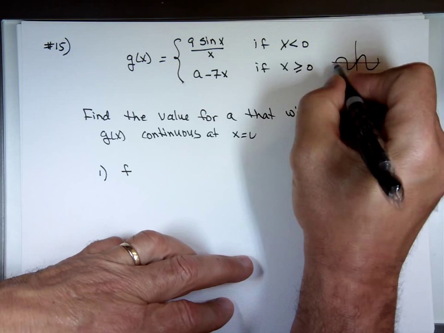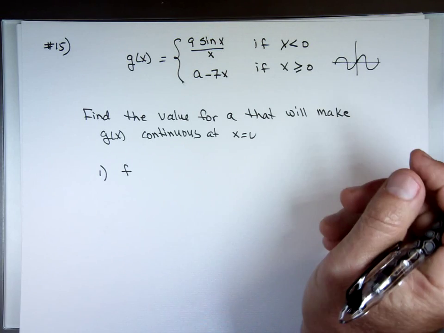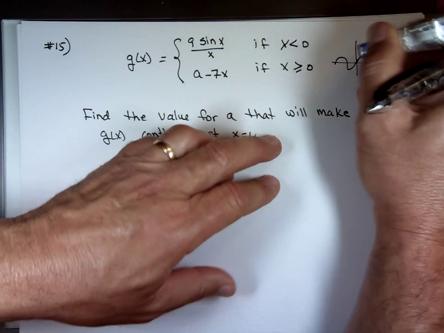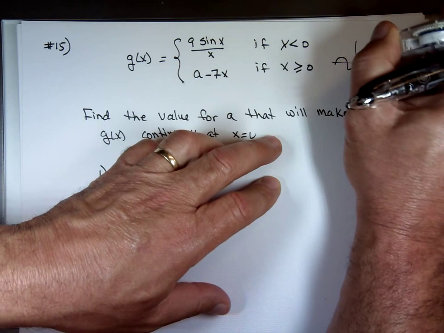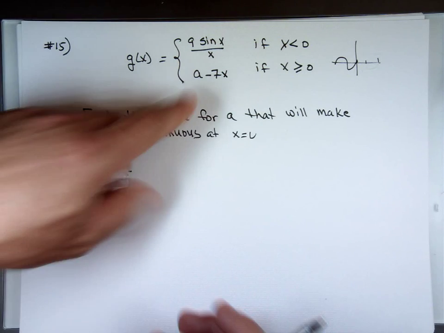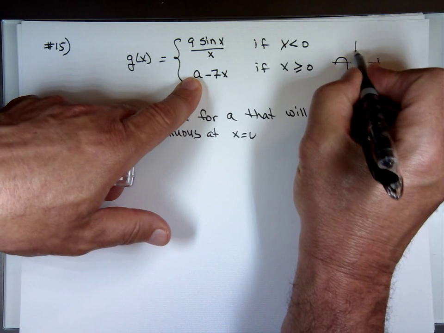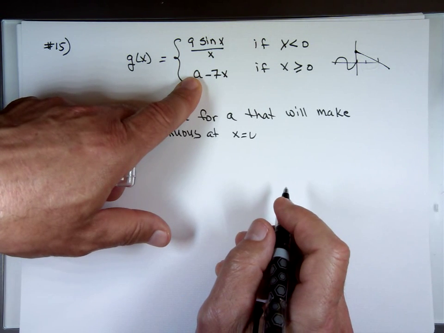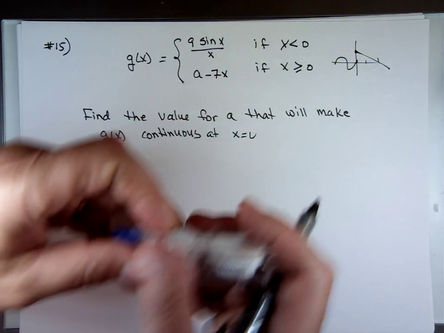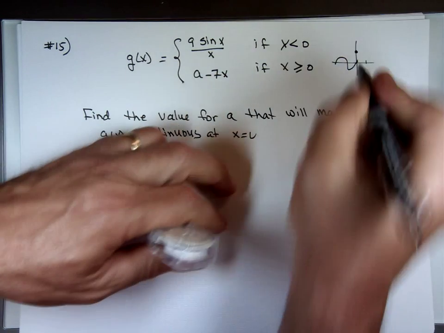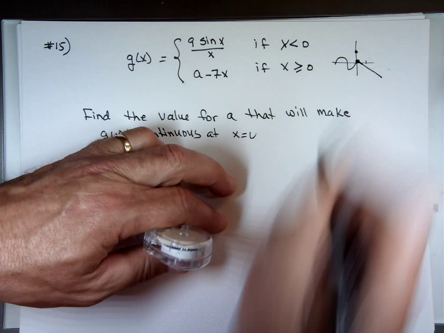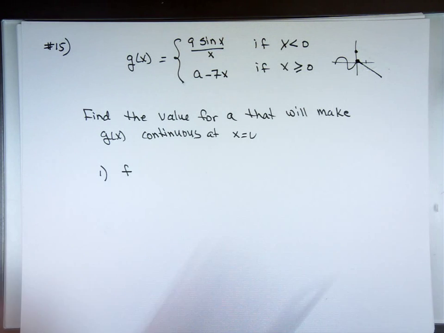It's only good for x less than 0, right? So to the right of 0 is missing all of this. The other function is going to be a straight line. So it depends on a. If it looks something like this, is that continuous? No. But if I pick the right value for a and plug it in, it might come right there, and it goes like this. If I can do that, that makes that function continuous.